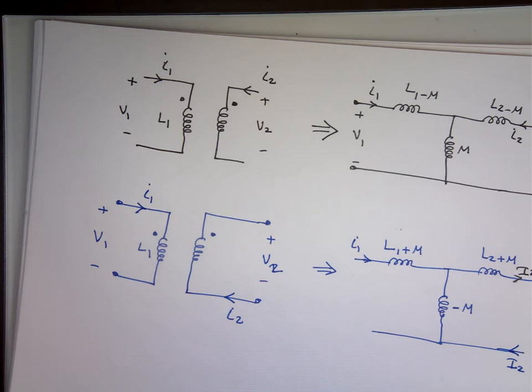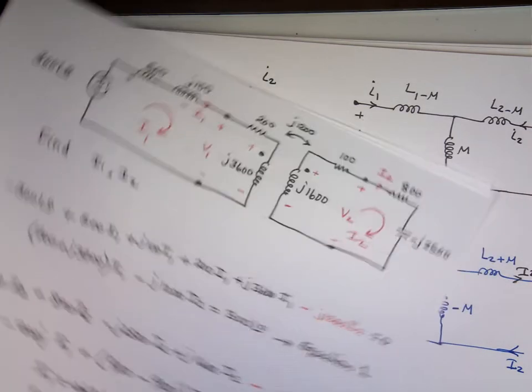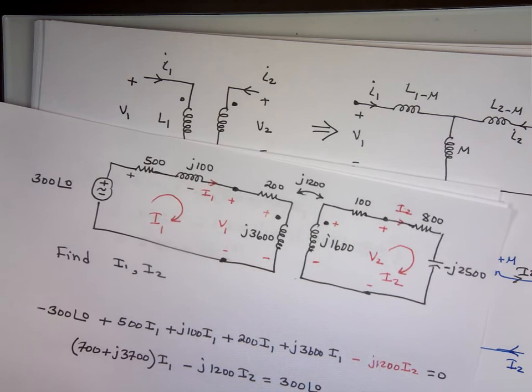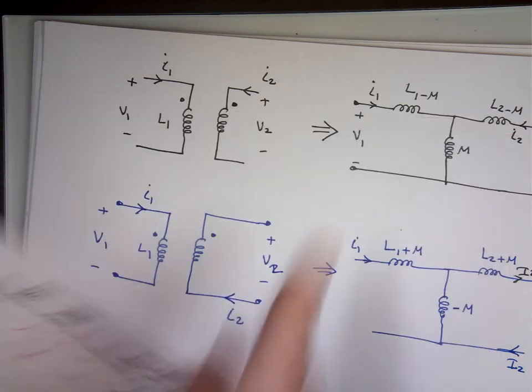What I could have done actually, I could have done the previous example that way and made my life much, much easier. Watch. Where was that problem? It's not that difficult really. Where's that example? Remember this one? There we go. Remember this circuit, this problem? Let's do it with the equivalent circuit now.